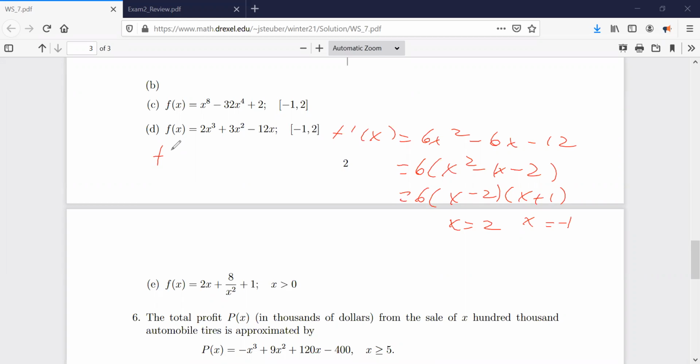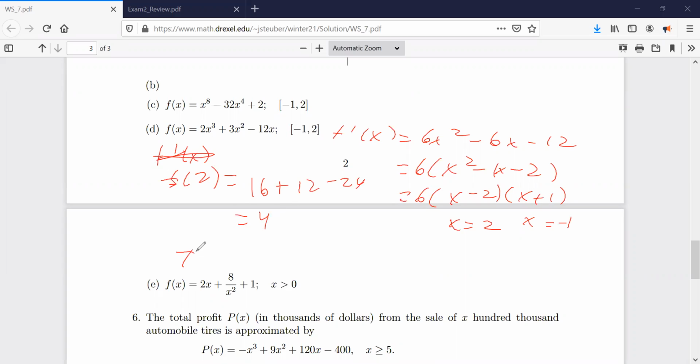So f of 2 is going to be equal to 16 plus 12 minus 24. So that's going to be equal to 4.